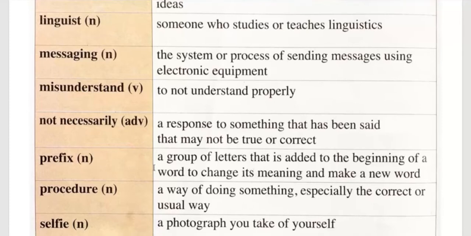Prefix here, a group of letters that is added to the beginning of a word to change its meaning and make a new word. For example, we have happy, right? Unhappy, like, dislike, okay? Regular, irregular, and so on. Polite, impolite. The prefixes change the meaning of the word.